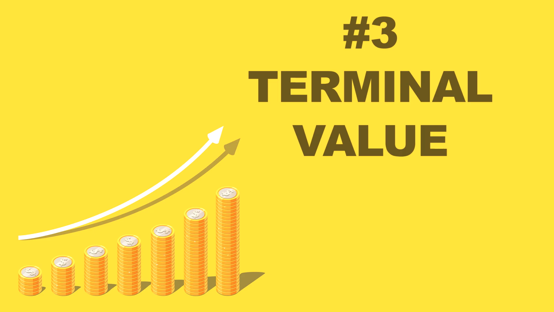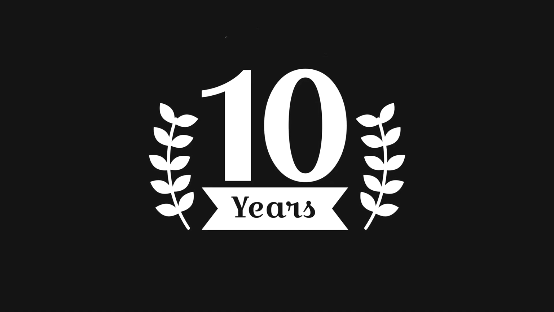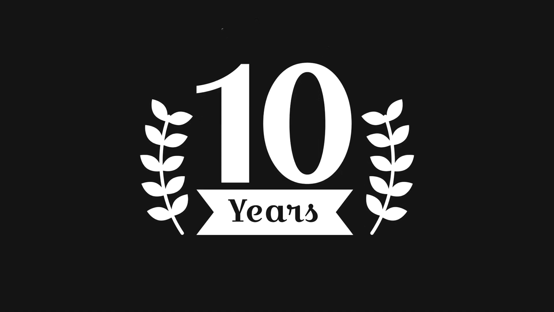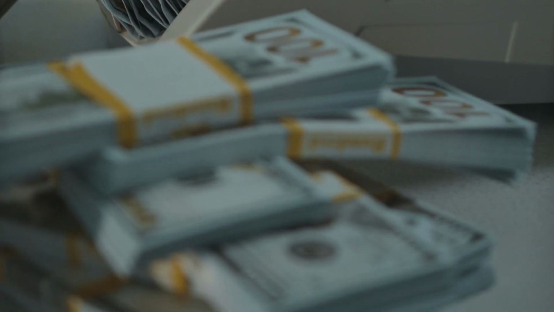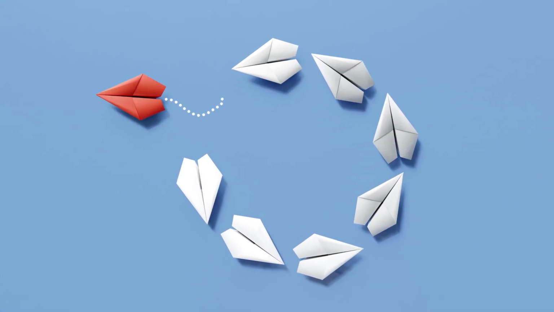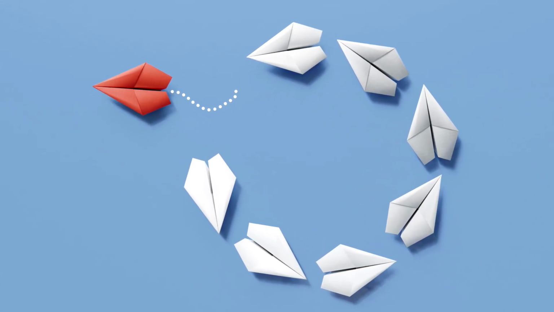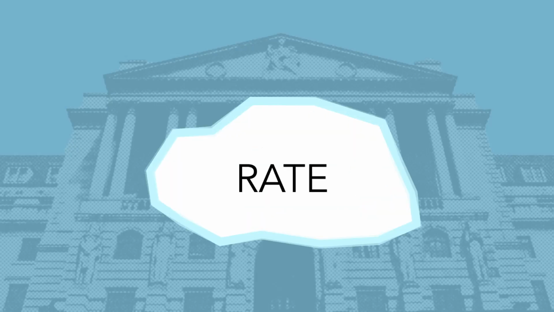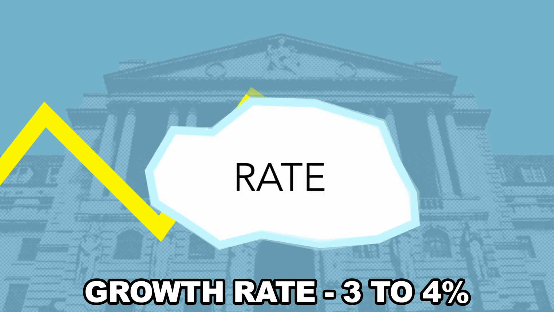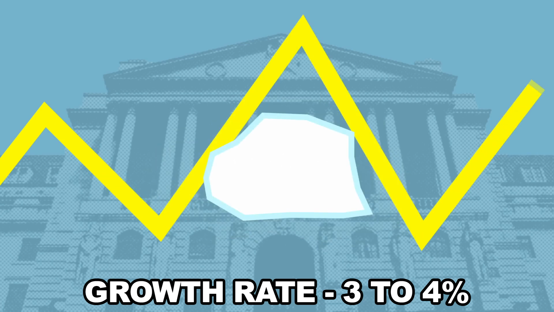Number 3. Terminal value. We have calculated the free cash flow for the 10 years, but what after that? The company will still be there and will keep on generating cash. We need to include this in our calculations too. The formula for calculating the terminal value will be different from calculations for the other years, as we will be calculating for an infinite number of years. The value of growth rate for terminal cash flow is always assumed between 3% to 4%.